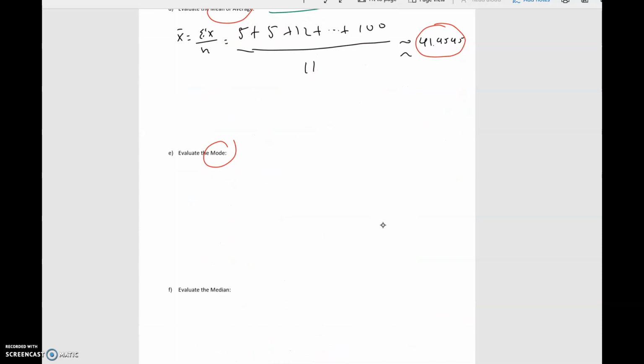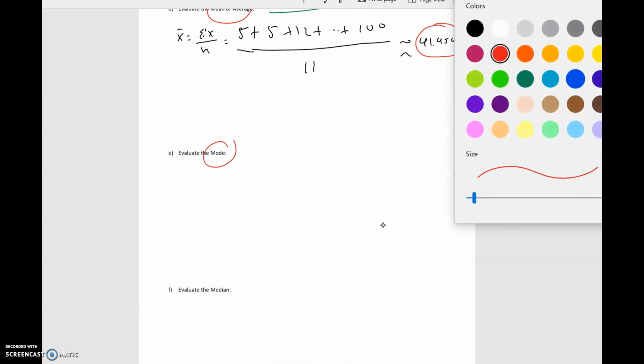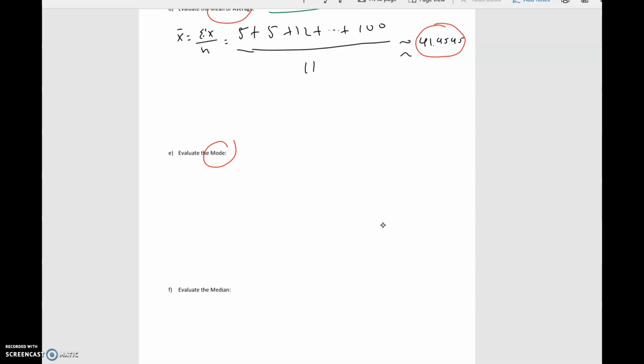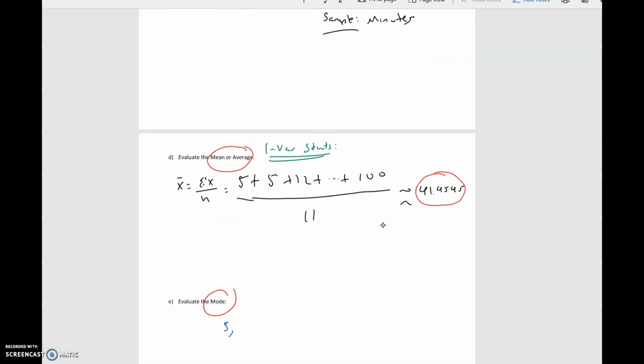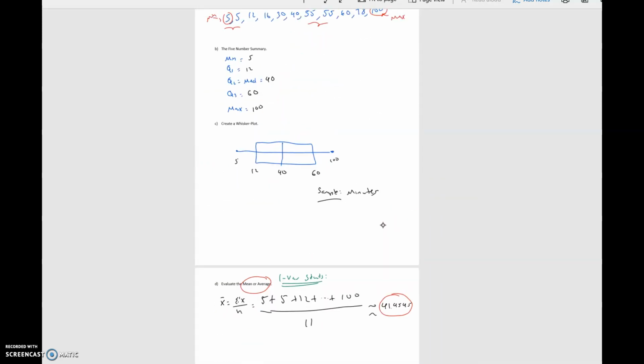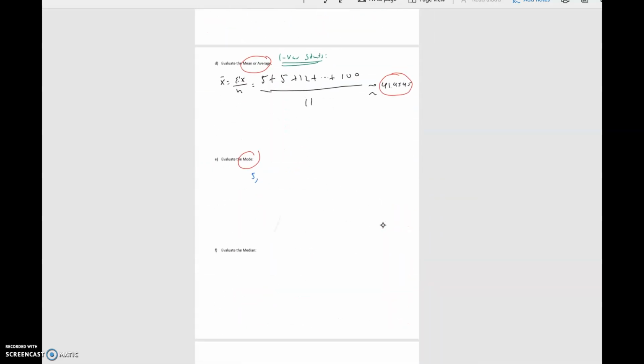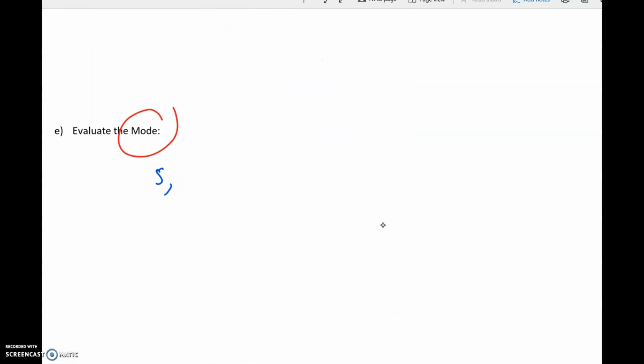So for this one, in terms of the mode, and I need you to take good notes on this one, the mode happens to be the values of 5 and 55, with multiplicity of 2.